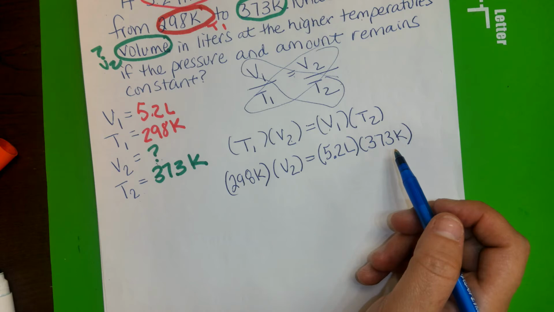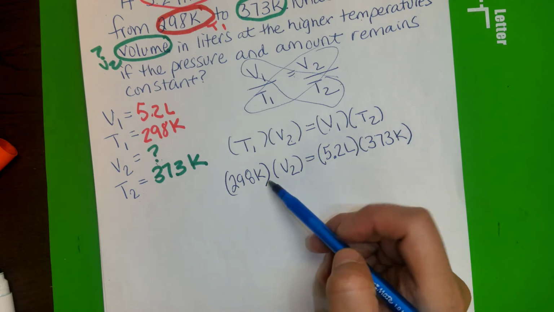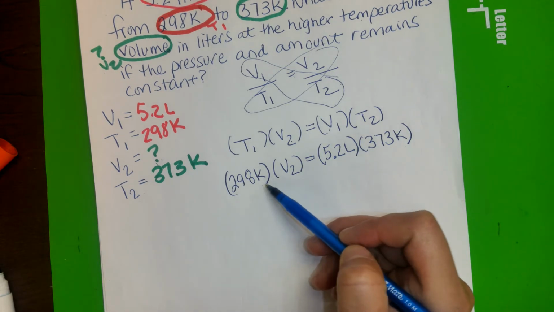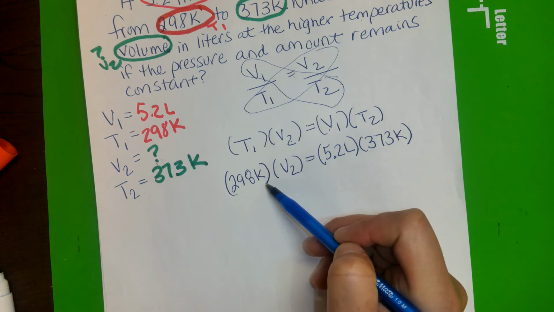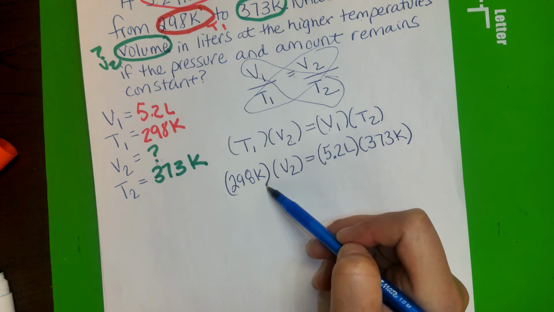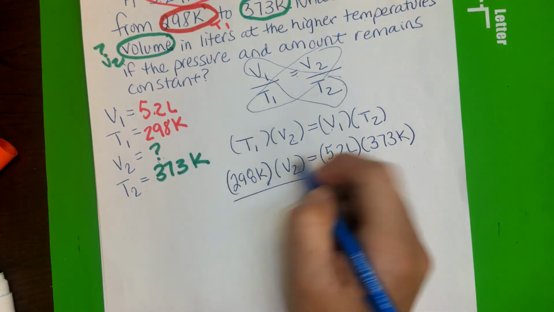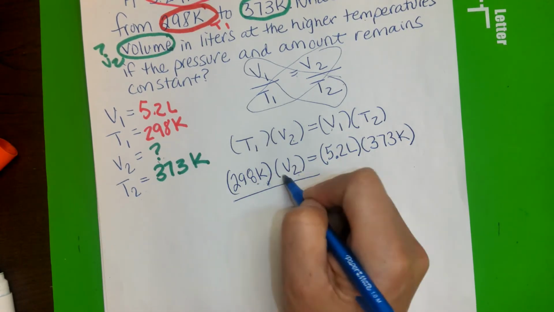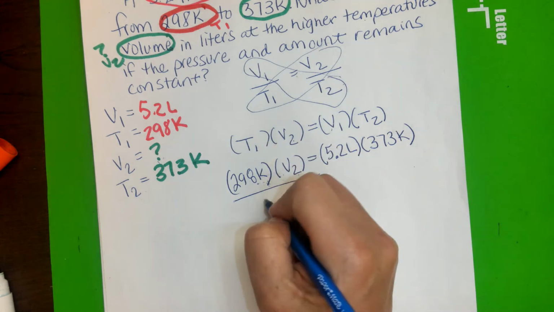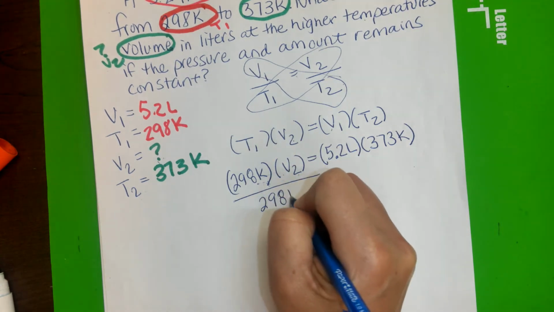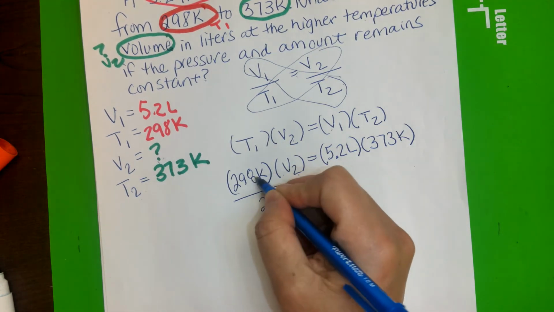We're going to have to move that 298 Kelvin, that T1, to find out what your volume 2 is. So it will be divided by 298 Kelvin. Why? Because this is multiplying, and the opposite of multiplying is division. Remember, this is the one we're moving.